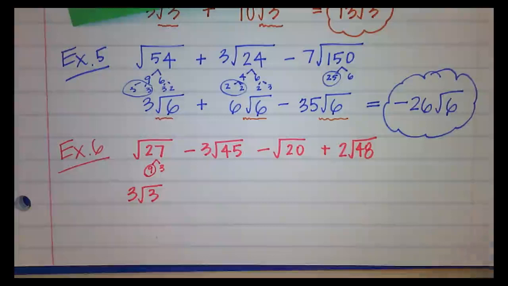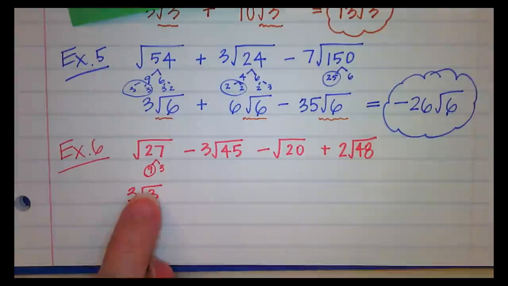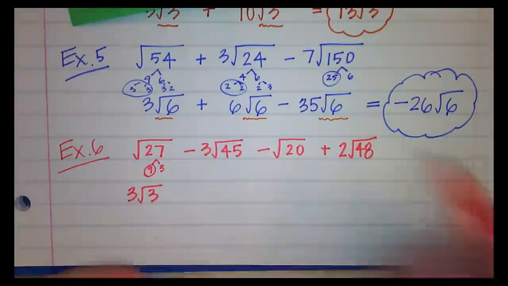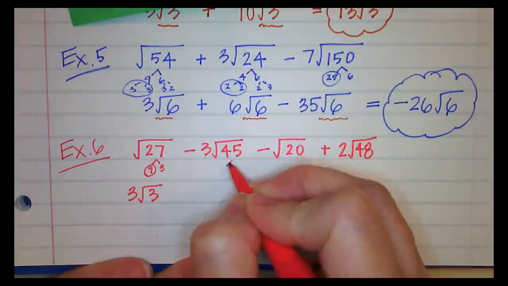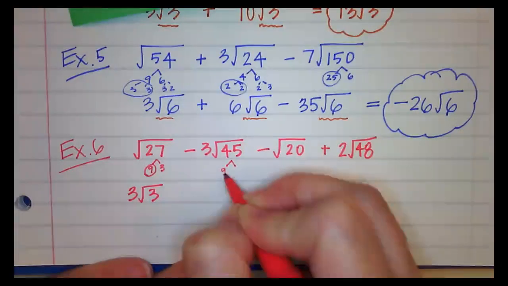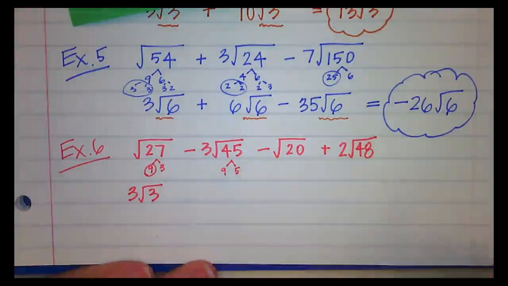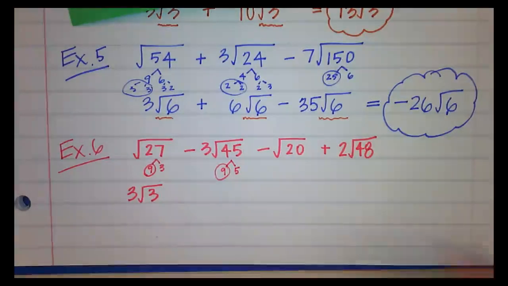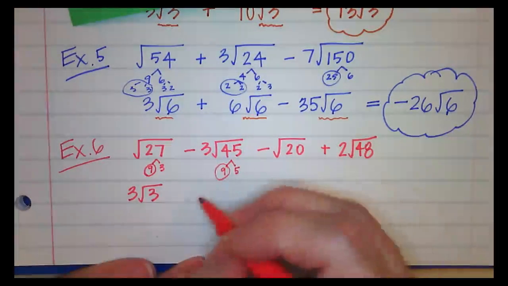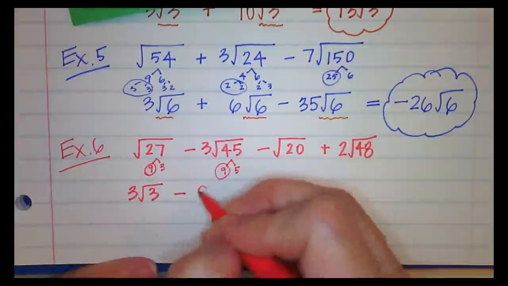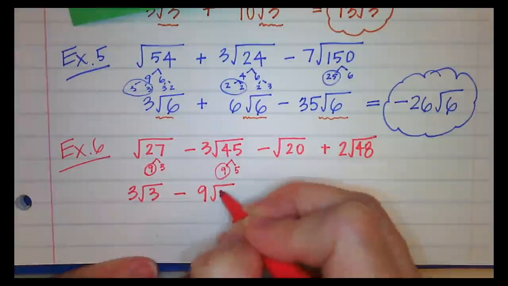So I'm doing a little bit of a shortcut because I'm doing a lot of thinking in my head that I know 9 is going to break down to be a pair of 3's. All right, next up, 45. Well, this is kind of similar. I know that's 9 and 5. I know that's a pair of 3's. If I bring that outside, now I have 9 root 5.